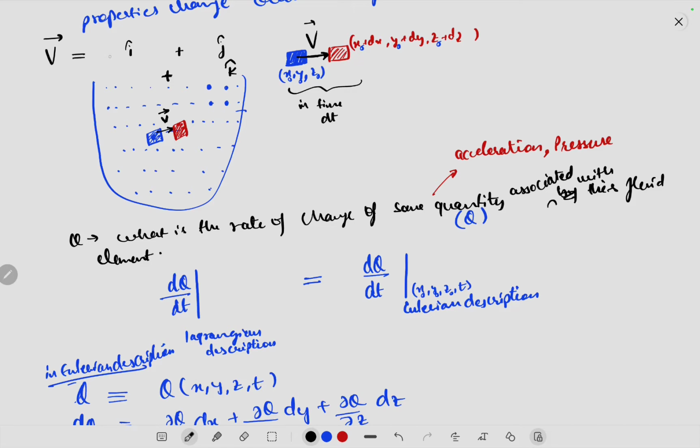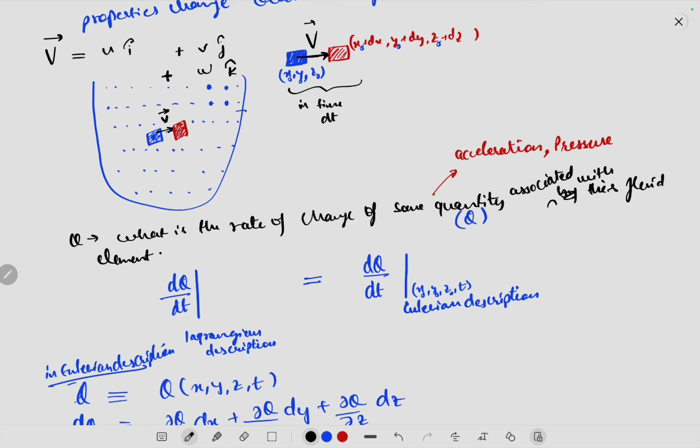Let's say we write Vx, Vy and Vz, and some people write Vx as u, Vy as small v, and Vz as w. Okay, so it's just a notation.